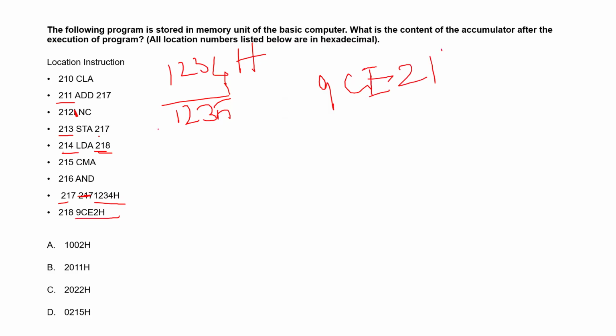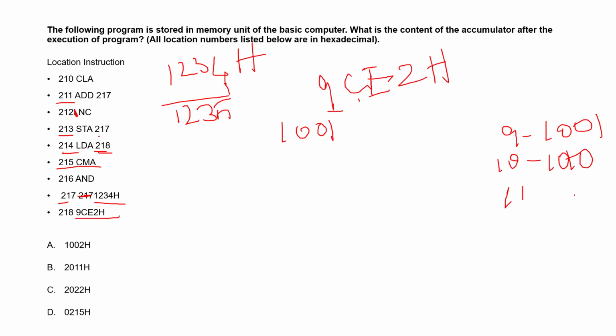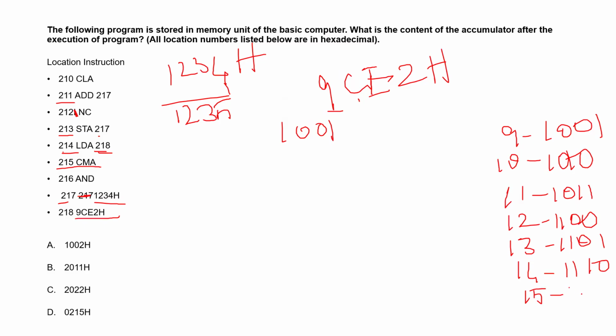It's a hexadecimal value. Now we have to do the complement, which means one's complement, so we have to write it in full binary format. What is the binary format? 9 is 1001. For 9C, we can write here: 1001 for 9, 10 is 1010, 11 is 1011, 12 is 1100, 13 is 1101, 14 will be 1110, and 15 will be 1111.